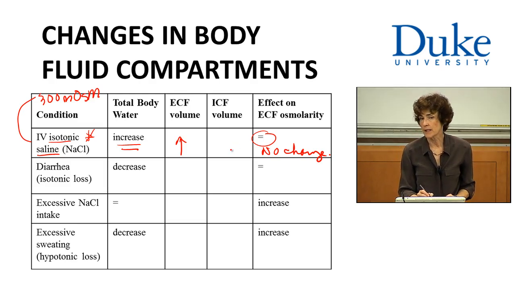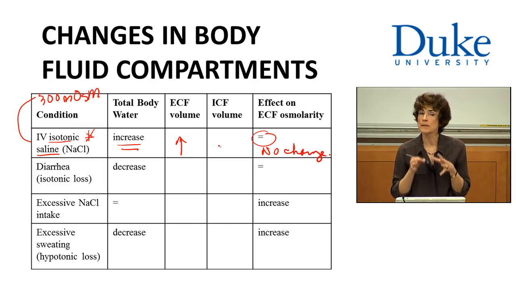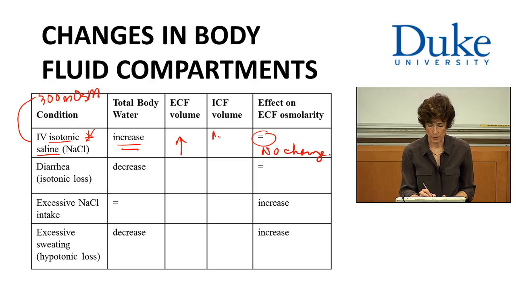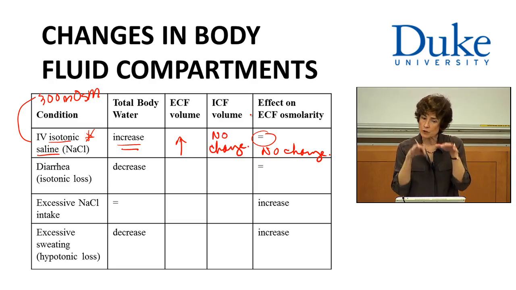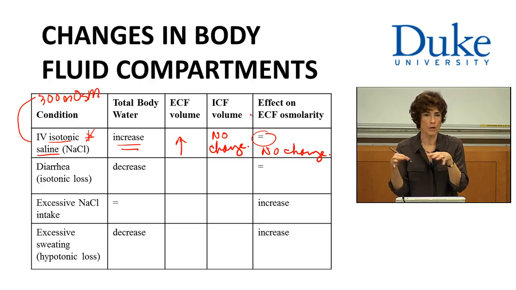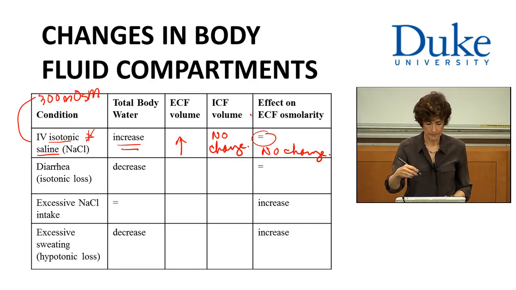Does the volume of the ICF change? Does the volume of the cells change? And the answer is no. There's no change in the volume of the cells, because the solution was isotonic to the cells, so there's no loss of water or gain of water by the cells.